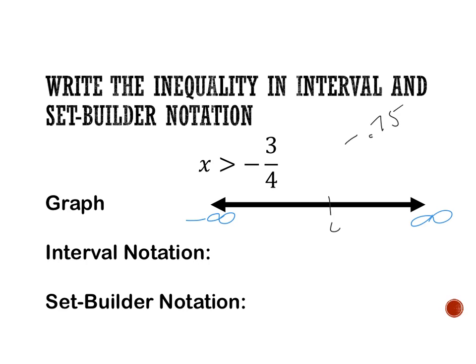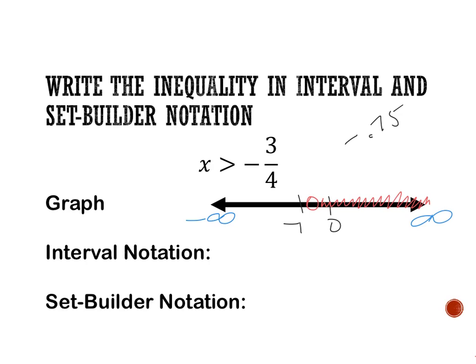So what that means is somewhere between 0 and negative 1, a little bit closer to negative 1, I'm going to have an open dot. That open dot there is my starting point on the number line, and because I have it in the correct format, variable, inequality, number, my inequality points in the direction I shade.